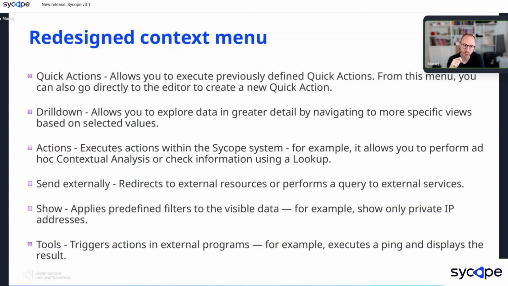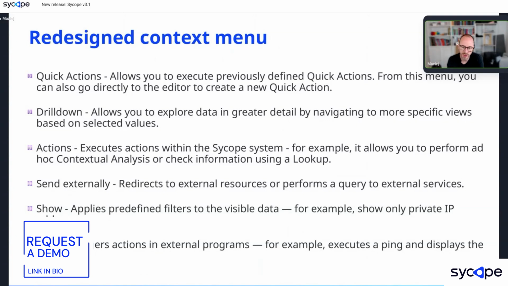Then we have one more position called show. Basically, show will modify something that you are seeing. You will stay within the current dashboard, but we will modify something that you are seeing. For example, you can limit the IP addresses you're seeing to only private, or get additional information about DNS values, and so on and so on. All right.